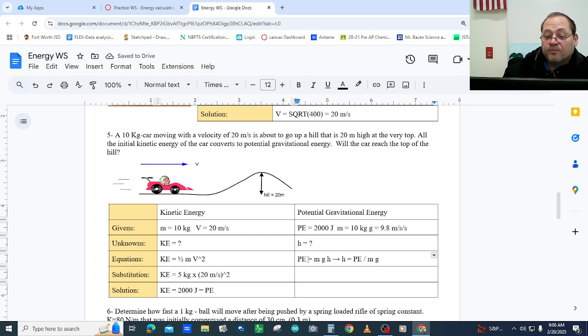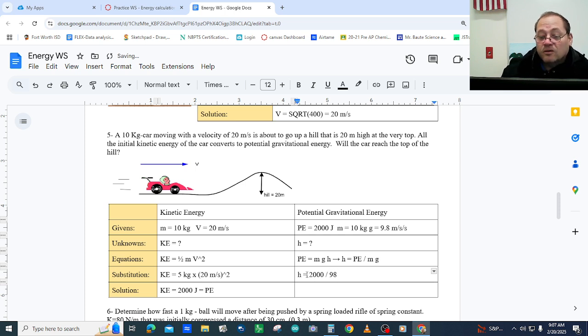Check your algebra. Alright, so we can find the height as 2,000 joules divided by, let's omit the units and put them at the end. We know it's going to be in meters. Then we have to multiply 10 times 9.8, which is 98, so we don't really need the parentheses.